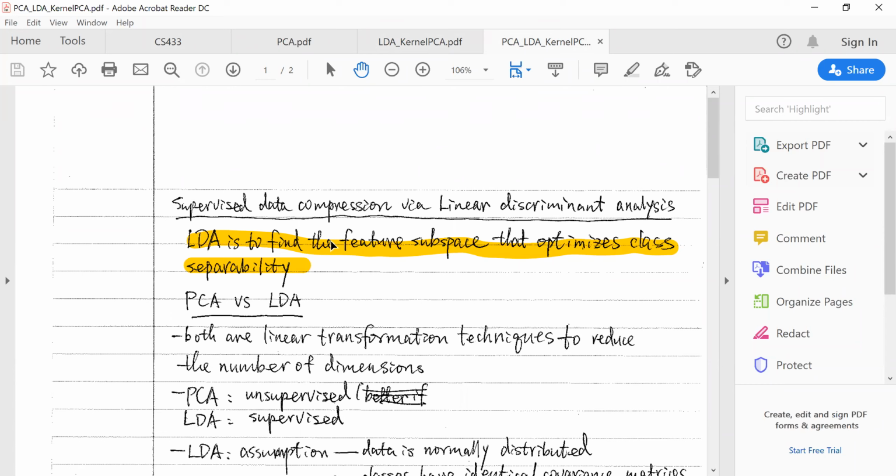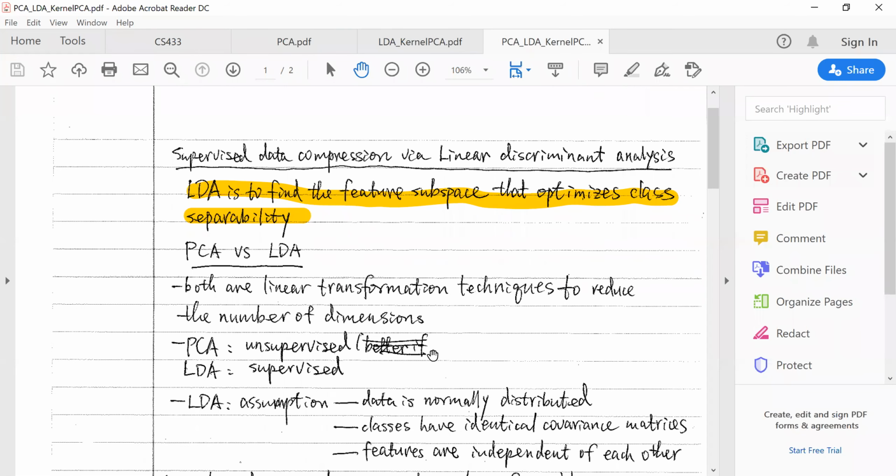It says here, supervised data compression via linear discriminant analysis, LDA. LDA's purpose is to find the feature subspace that's going to optimize class separability. So that's LDA's major goal, okay?